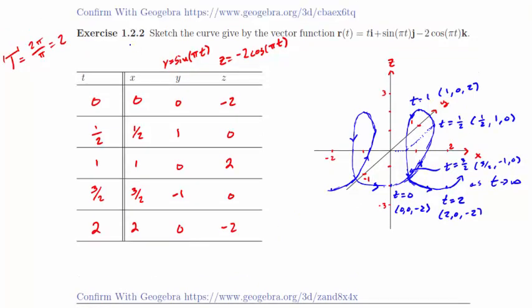So exercise 1.2.2, sketch the curve given by the vector function r of t equals t times the unit vector i plus sine of pi t times the unit vector j minus 2 cosine of pi t times the unit vector k. So my x value is given by t, x equals t. My y values are given by sine of pi t, and my z values are given by negative 2 cosine of pi t.